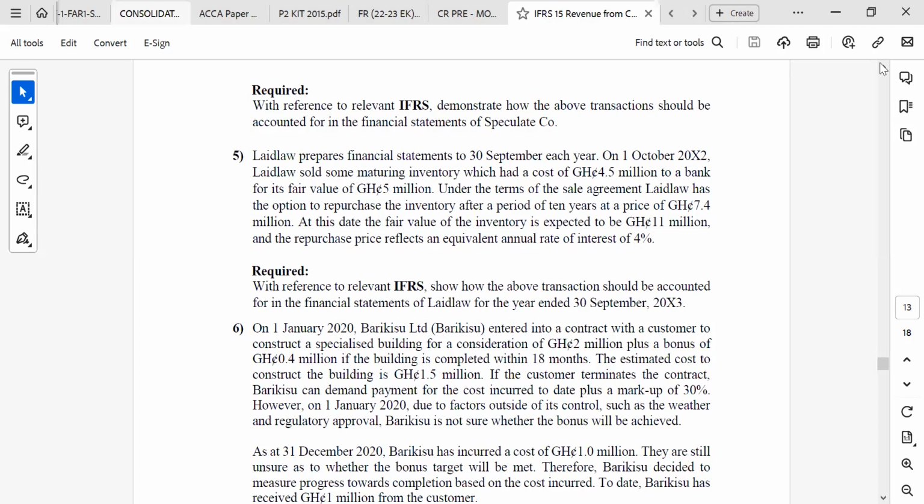They are treated as a sunk cost, a past cost that will be incurred even if the contract is awarded or not. So the question will say that the company has spent this amount of money preparing the proposal or delivering the contract to the people before the contract is awarded. That cost must be expensed because it was incurred before the contract was awarded.